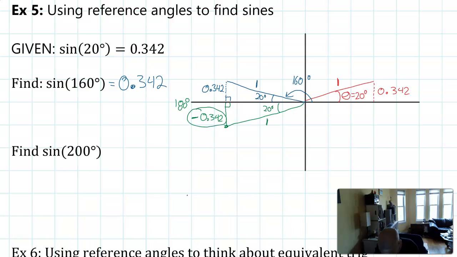And the hypotenuse is still 1, which means that the sine of 200 is the opposite of the sine of 20. So the sine of 200 is negative 0.342. Given one piece of information, you can actually find the sine of a bunch of different angles just because of the symmetry of the circle. I'll leave it as an exercise to you to think about what is the fourth angle that you could now find the sine of, knowing everything we know here.